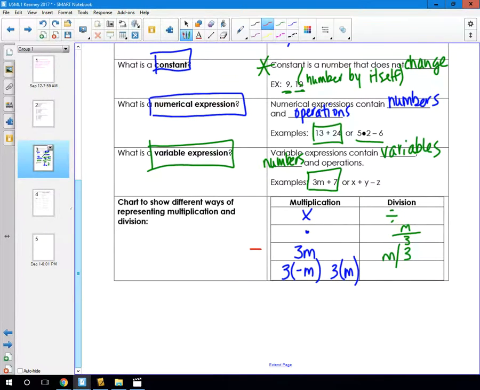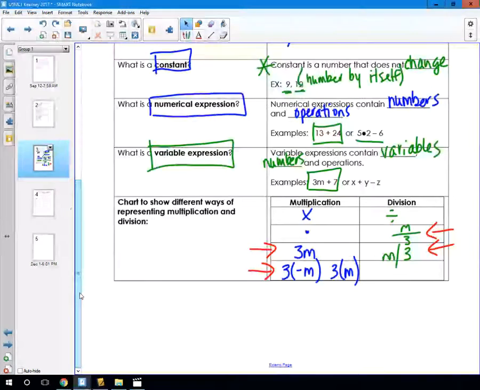The ways that you're going to more regularly see multiplication and division is in those forms, either the multiplication right beside each other and division in a fraction form, okay?